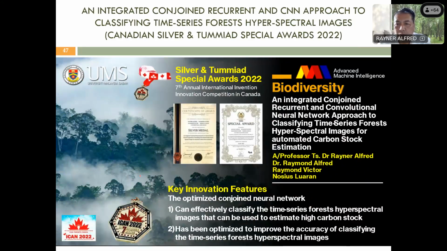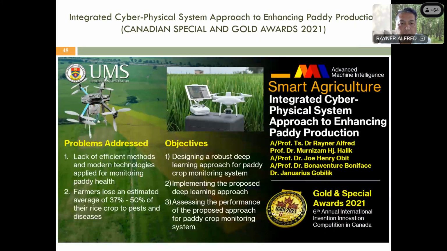This one we are looking into carbon stock estimation based on hyperspectral images. We use CNN to classify the image, and we total up the carbon stock estimation. We also use hyperspectral images to look at the health of the paddy field.